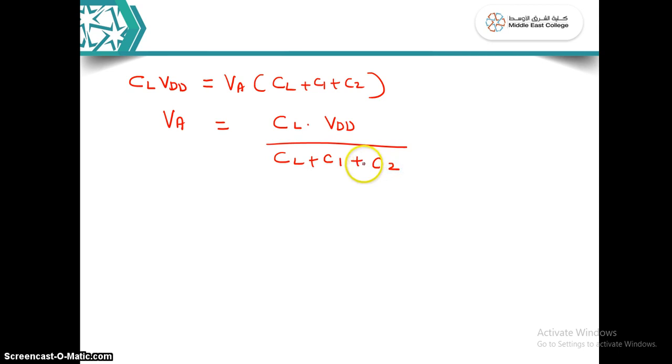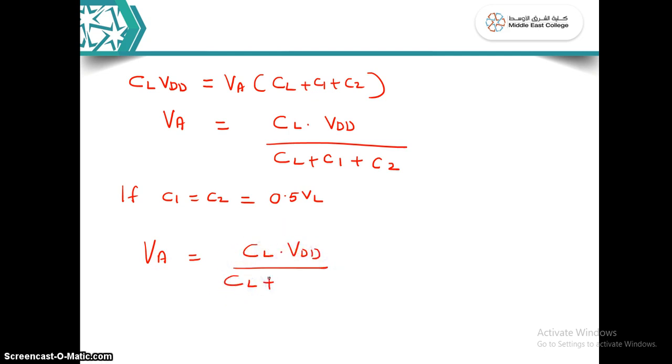Now suppose C1 is equal to C2, each 0.5 times CL. How much does VA become? VA is CL times VDD divided by CL plus 0.5 CL plus 0.5 CL. So it becomes VDD divided by 2.